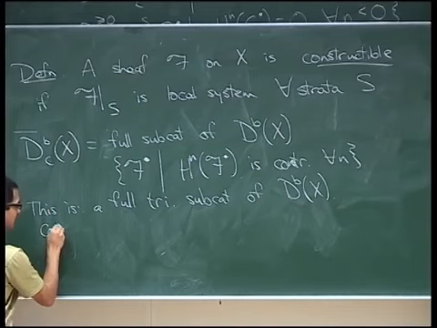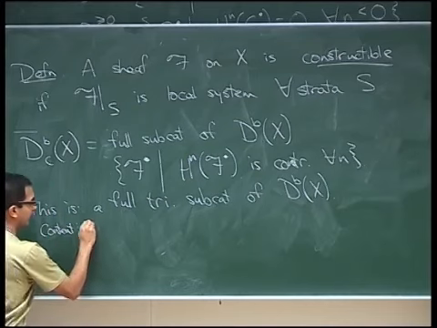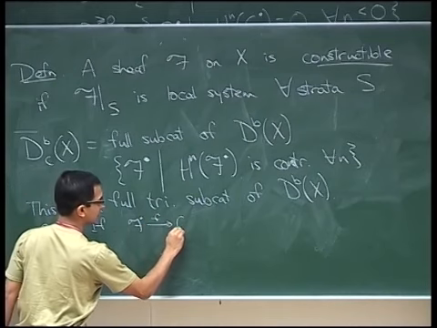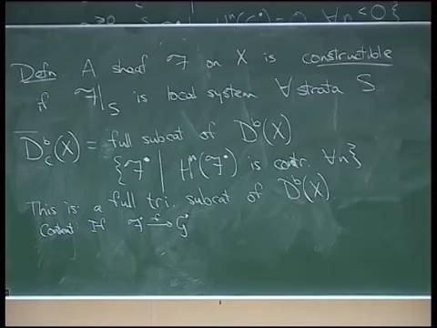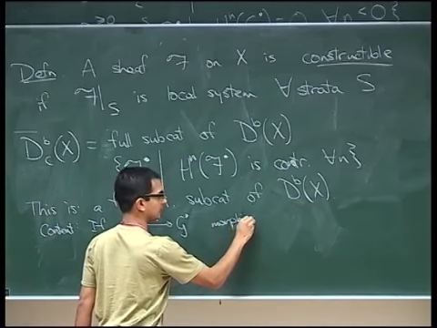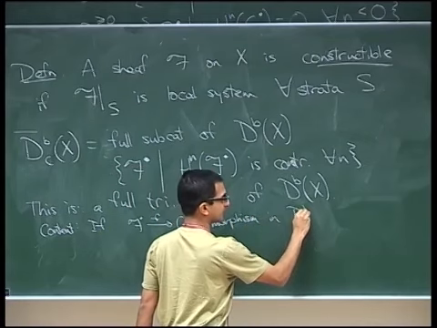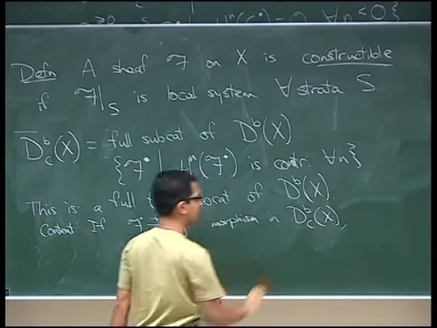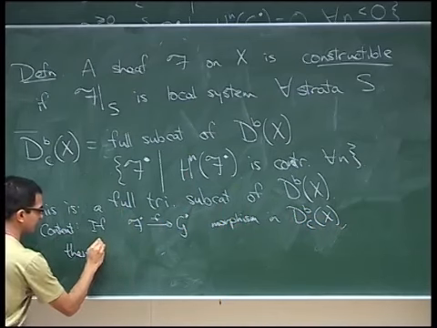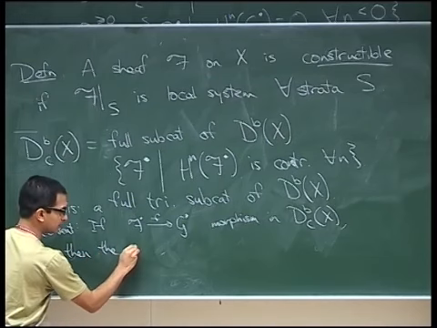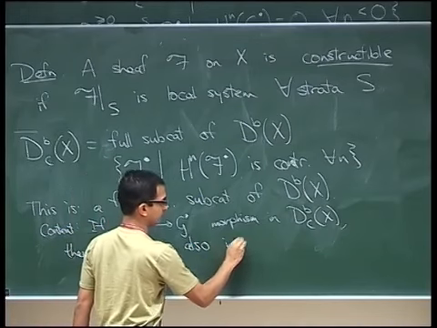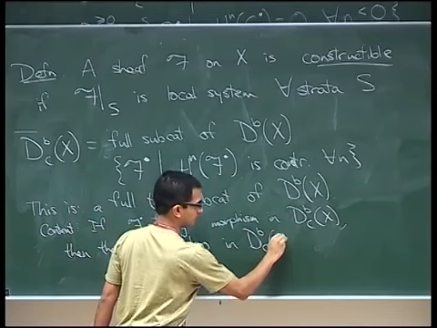So the content here is that if you take any morphism between two complexes of sheaves in the subcategory, so if this is a morphism in dbcx, then the cone on that morphism is also in the subcategory. Okay.